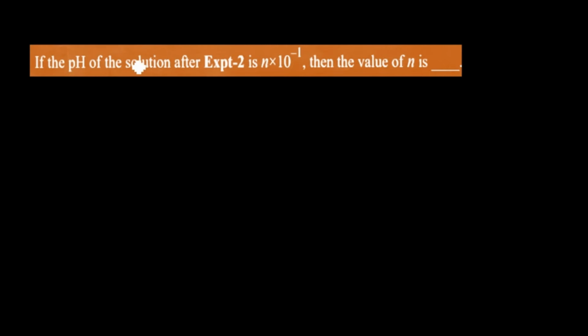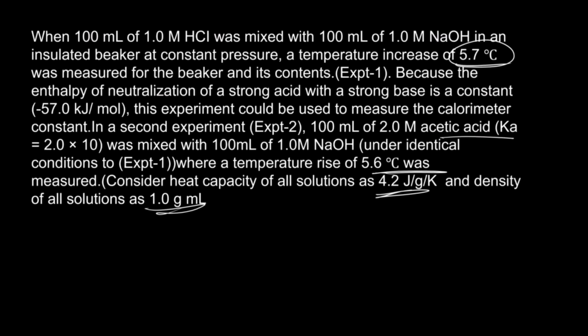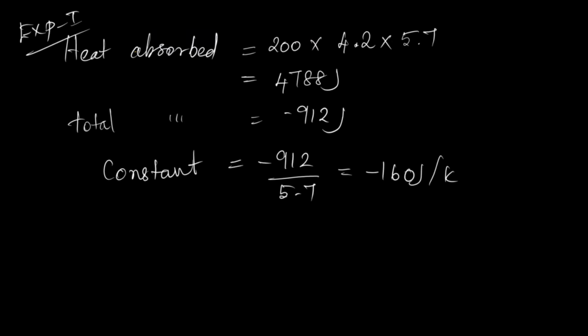Okay, and the next question is, what is the pH of the solution after experiment 2? They are giving it as n into 10 to the power minus 1, and the value of n is asked. So pH is equal to pKa. What is pKa? It is minus log Ka. What is the Ka value over here? That is 2.0 into 10 to the power minus 5.